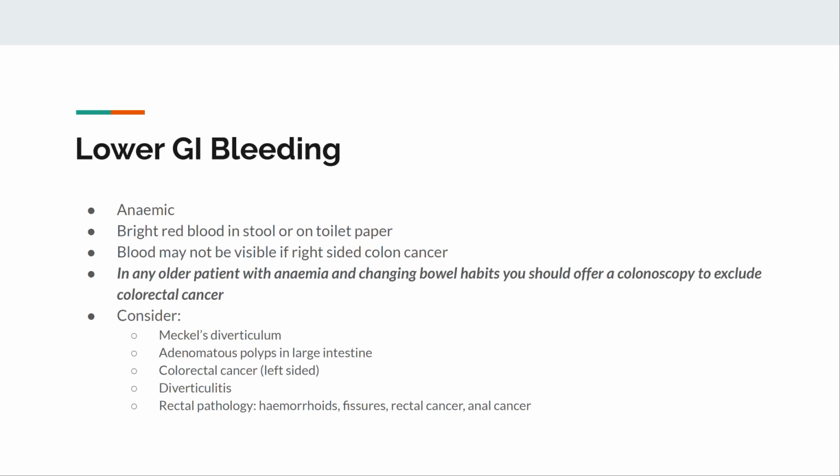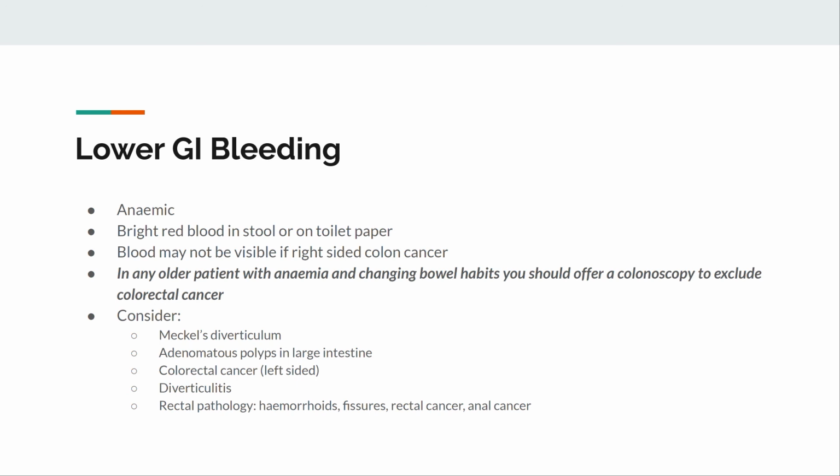But if it's quite low down, you could have bright red blood or blood on the toilet paper. You could have hematochezia, which is that frank blood from the rectum. Or if it's higher up in the colon, you might not have visible blood, but it'll be present on fecal occult blood testing. And as we said, in any patient with anemia and changing bowel habits, you should offer a colonoscopy to exclude colorectal cancer.